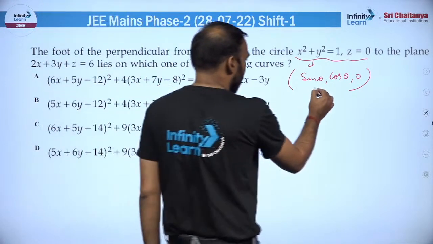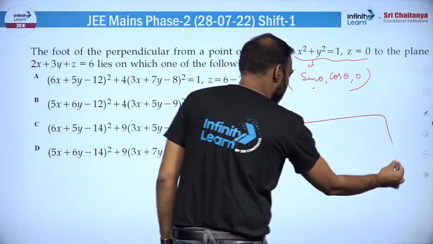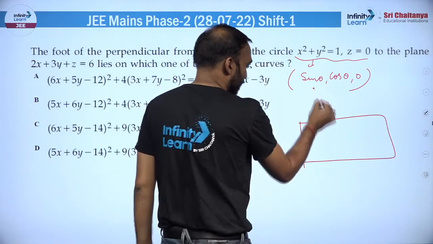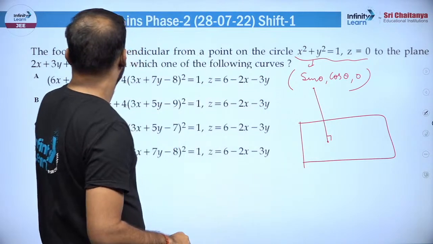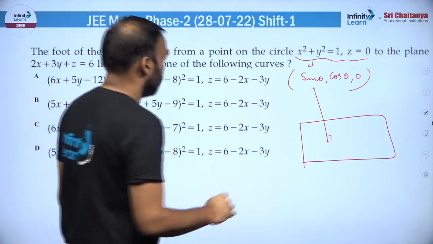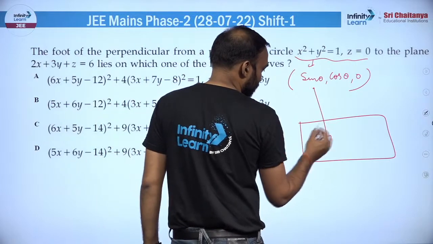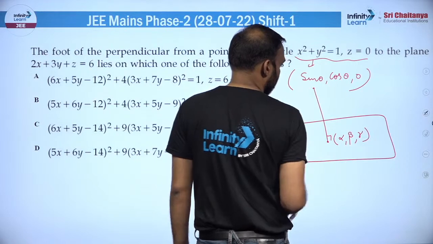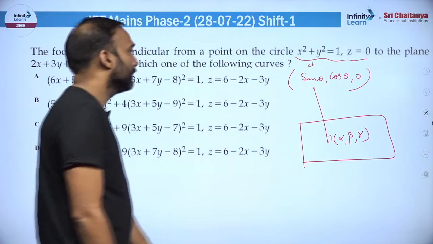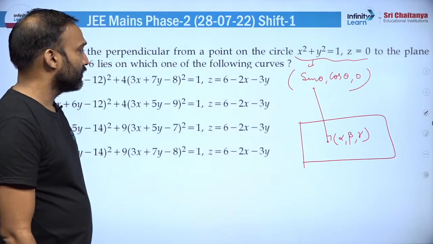So I have this point and I have a plane given. I have dropped a perpendicular from this point and we have to find the locus of the foot of the perpendicular. Let's say this point is (alpha, beta, gamma), so we have to find the coordinates of alpha, beta, gamma.